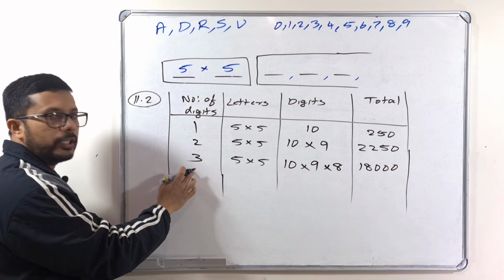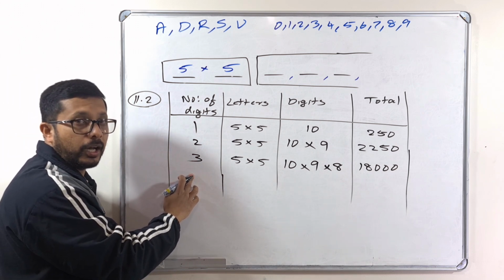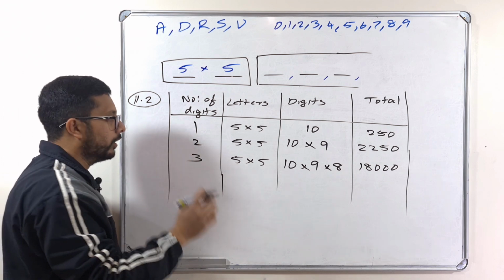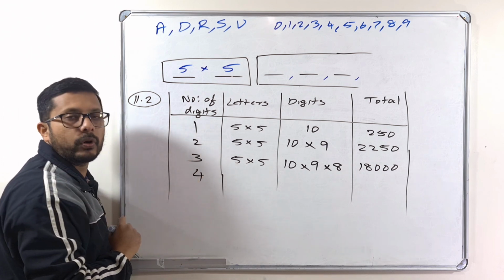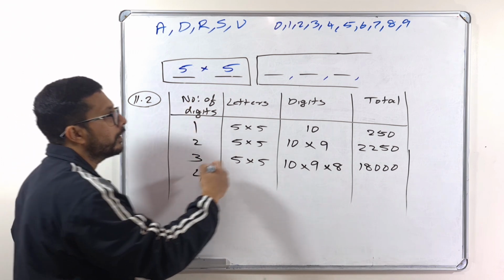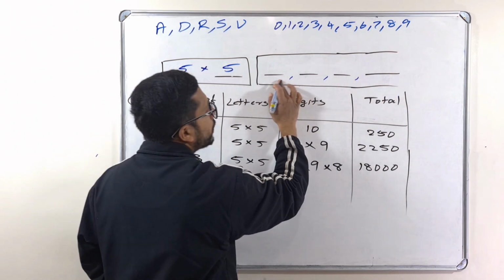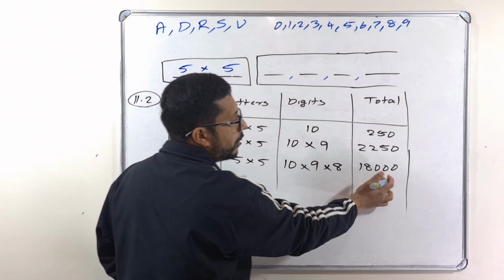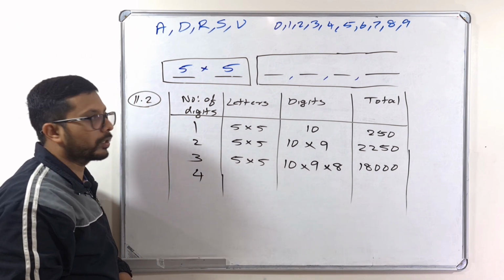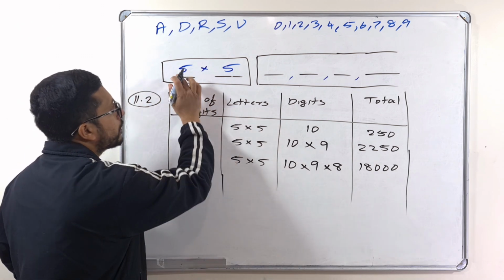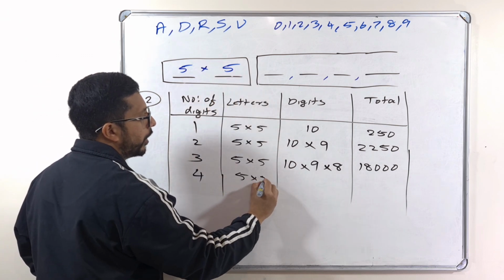How many digits did we use? 3. How many codes do we want? 700,000. So let's use four digits, one more digit, because when we use 3 digits, the maximum we can make is only 18,000 codes. Letters, same thing, 5 times 5.